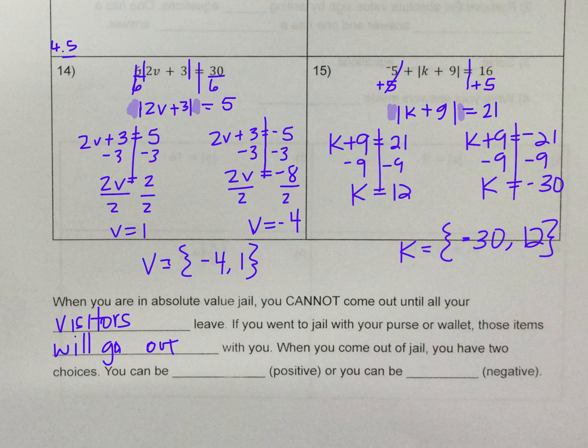When you come out of jail, you have two choices. You can be good, which we're going to say is positive, or you can be bad, which we're going to say is negative.